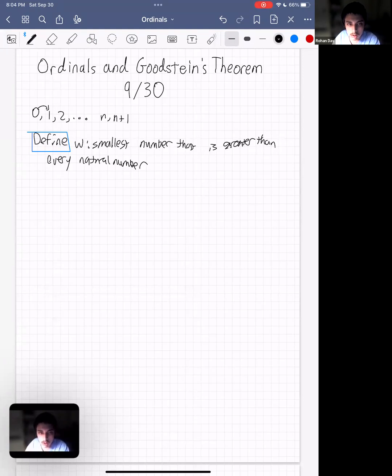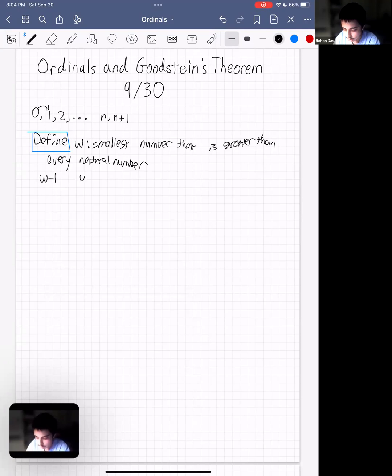One important thing to note here is that we don't have any such thing as omega minus 1, because we have this definition based on being greater than everything else. And if we define things in this way, we can't make smaller numbers.